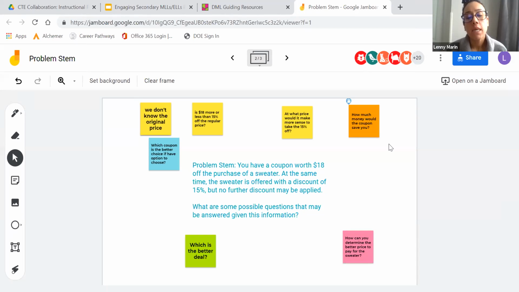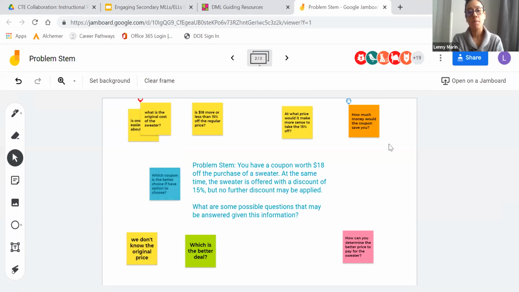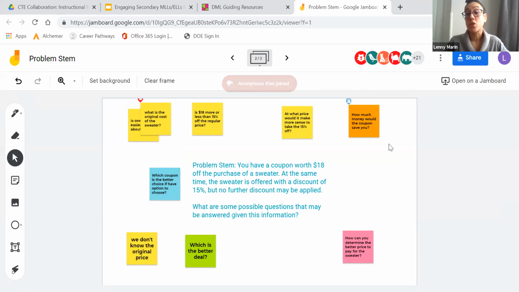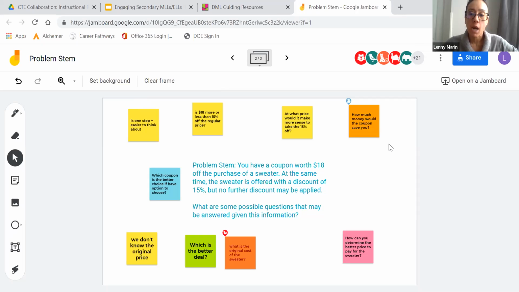Well, I don't know if I want to give it away yet. I think that's part of my hesitation. But wait, we don't know what the price of the sweater is, right? And so that's kind of taken out of this problem. By the way, just to let you know, this is an 8th grade math problem from Illustrative Mathematics, if anybody was interested in knowing that.